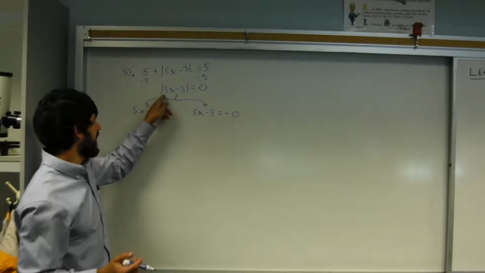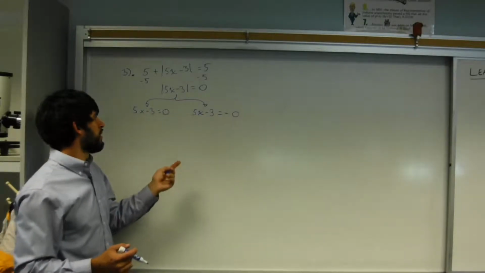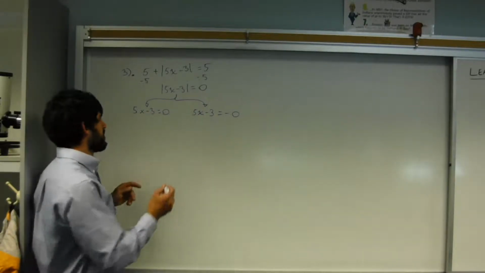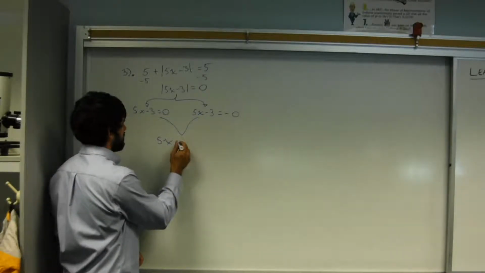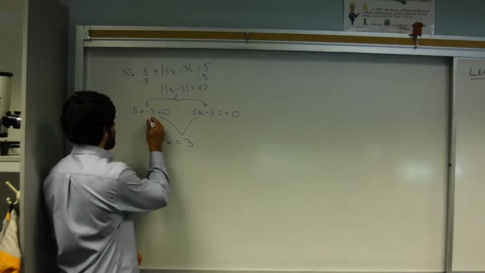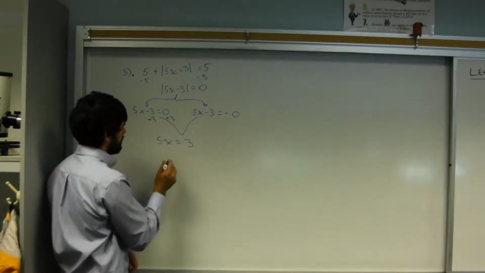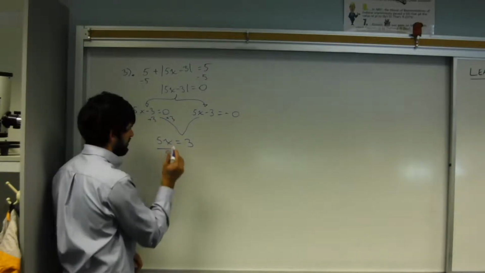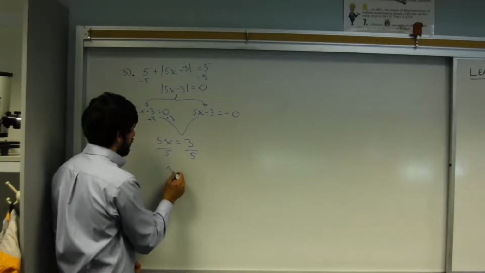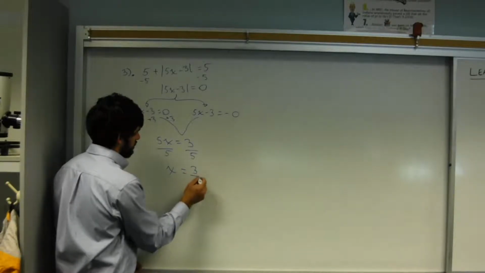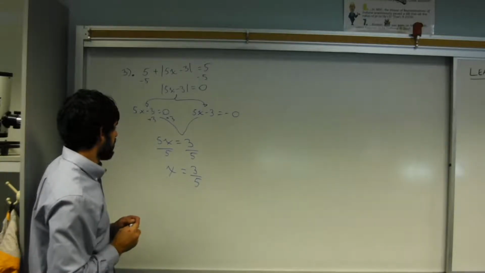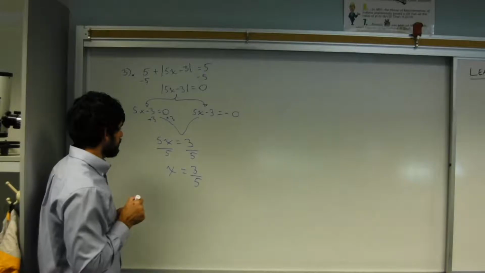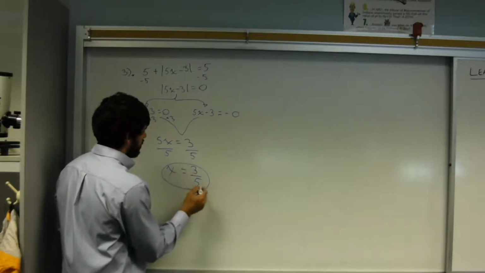So if we have something in an absolute value that's equal to 0, we just have to solve one of the equations. So we get 5x is equal to 3. If we add 3 to both sides, if we divide both sides by 5, we would then get x is equal to 3/5. And that equation only has one solution.